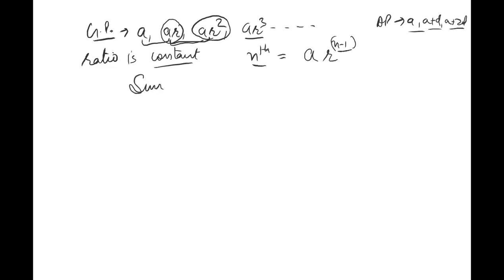And the sum is A into R raised to power n minus 1 upon R minus 1. Again, n is the number of terms.